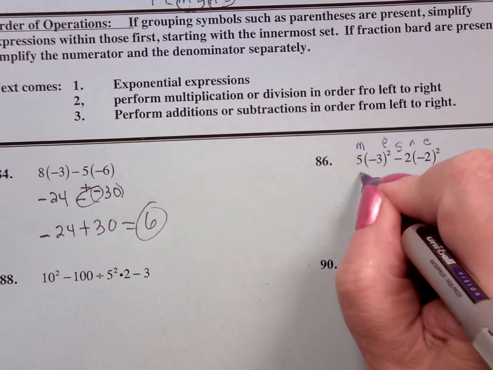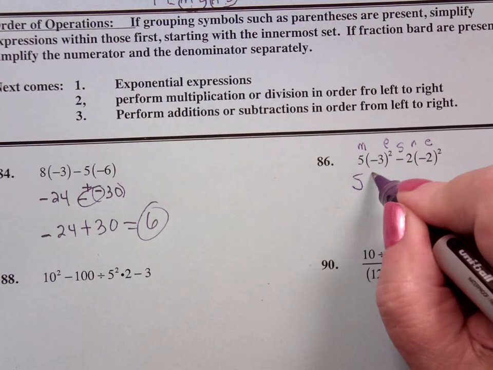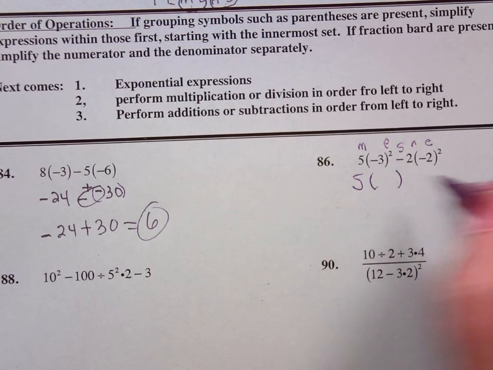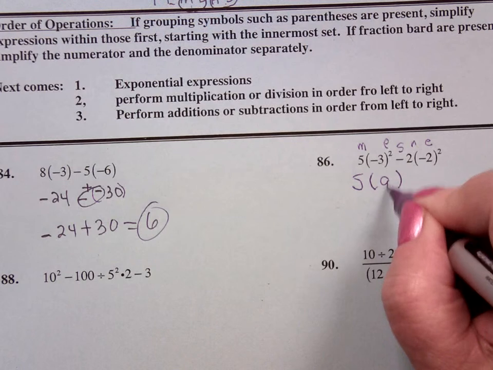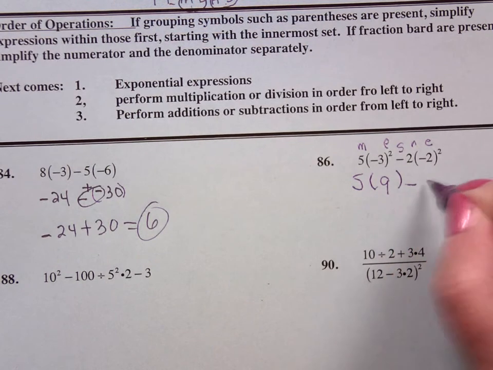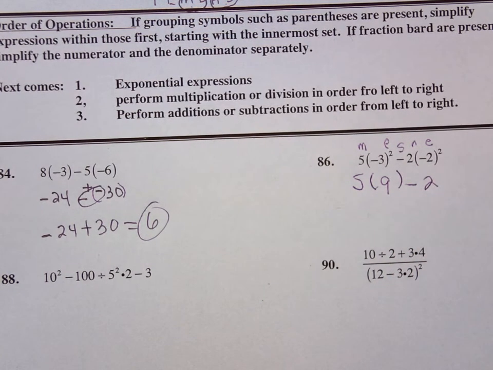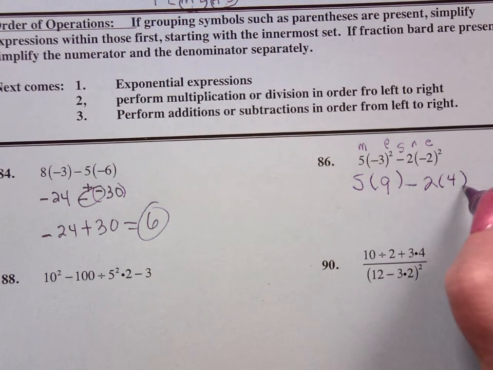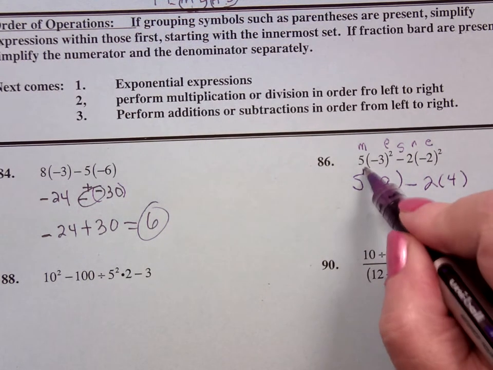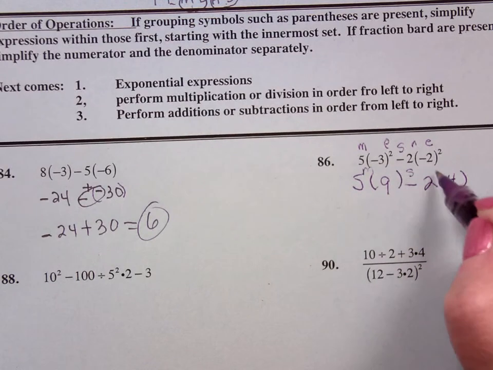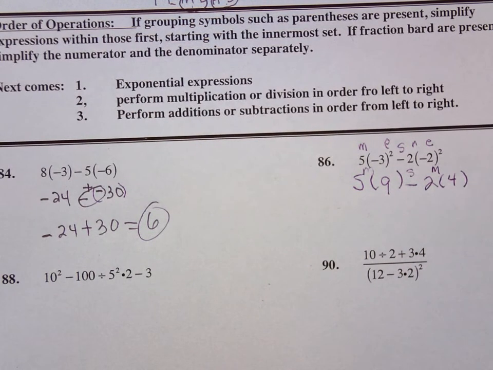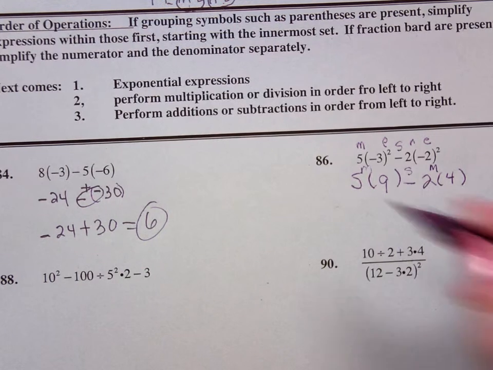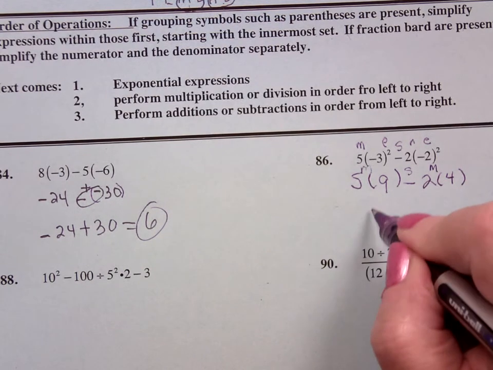So -3 squared is -3 times -3, or +9. Subtract 2, -2 squared is -2 times -2, or +4. Now I have a multiplication, a subtraction, and a multiplication. So multiplications get done. 5 times 9 is 45.